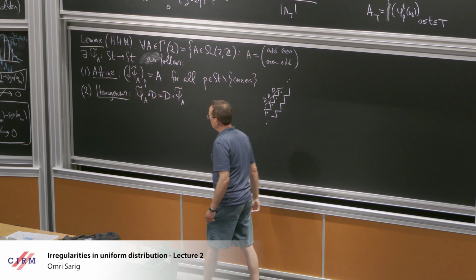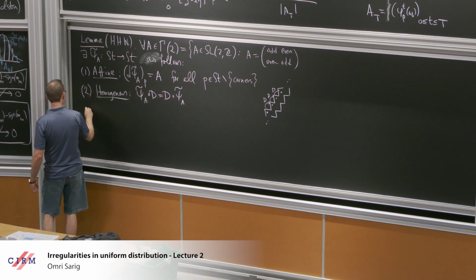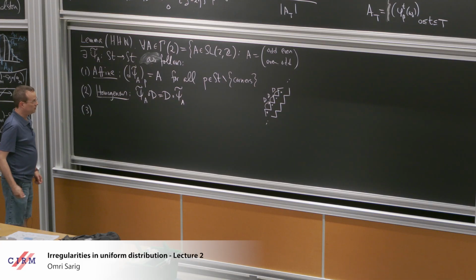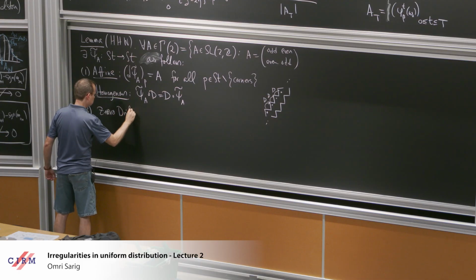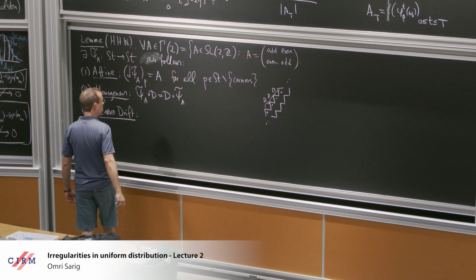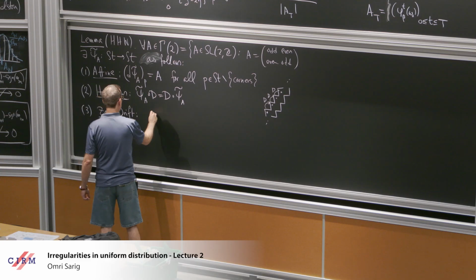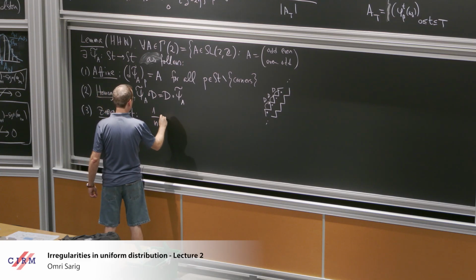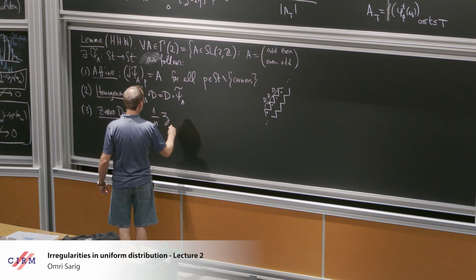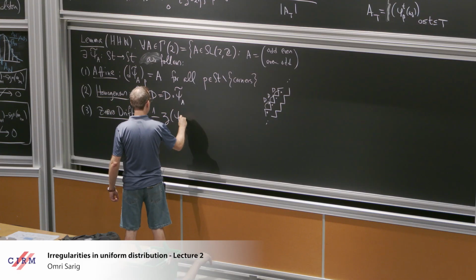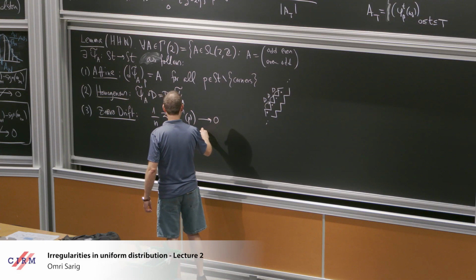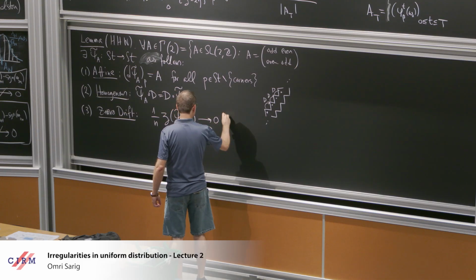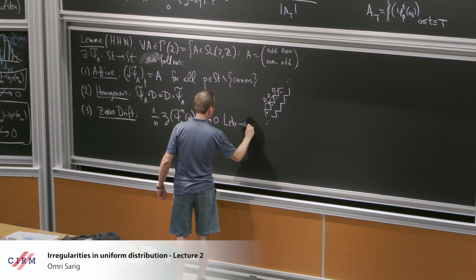And the third condition is zero drift. Zero drift means that 1 over n times the z coordinate of psi to the n of p converges to 0 Lebesgue almost everywhere.